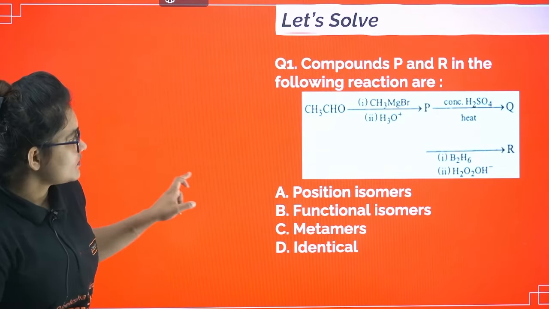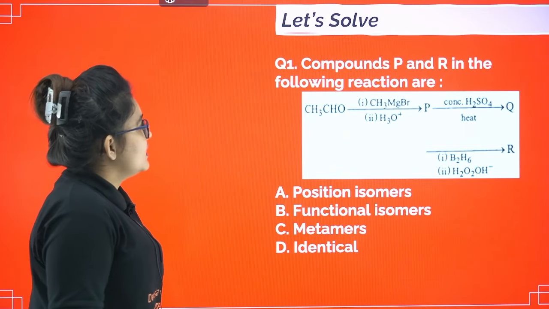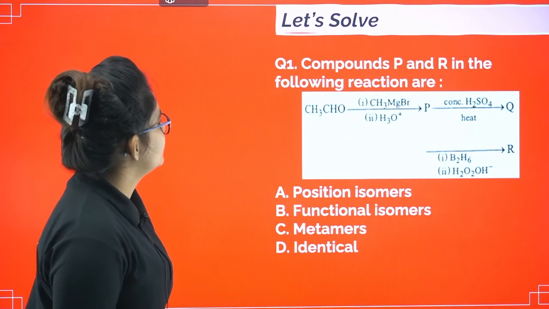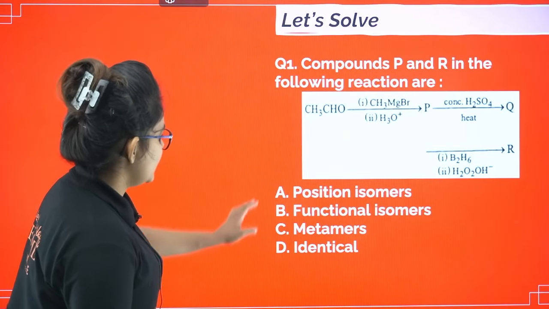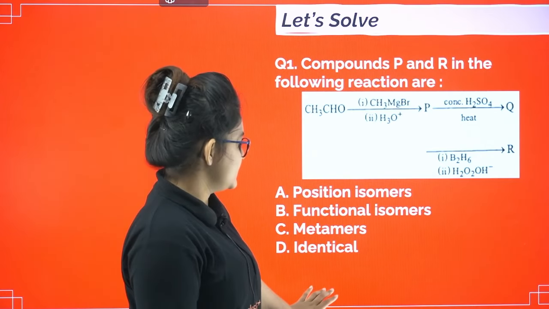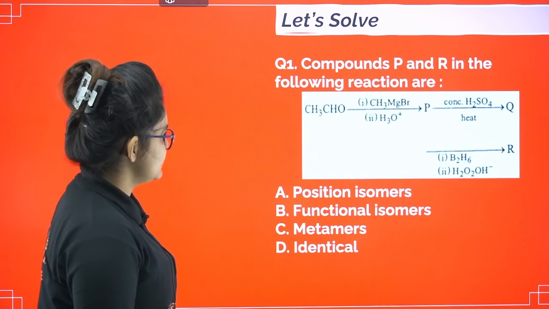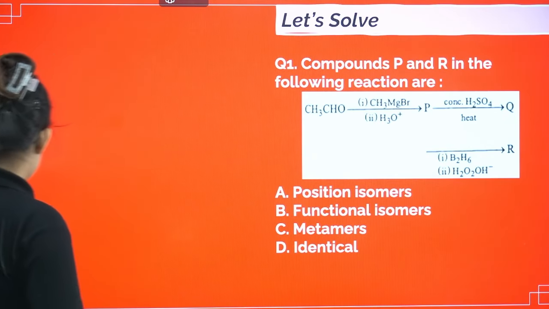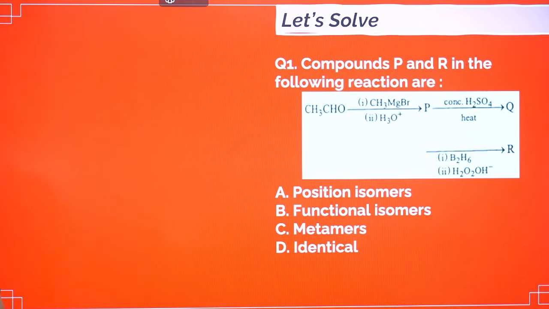Next, one problem is there, compound P and R. We have to find out what type of isomers they are, or whether they are similar. Okay, let's see. So we are having CH3CHO, right?